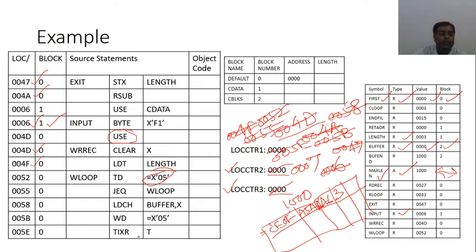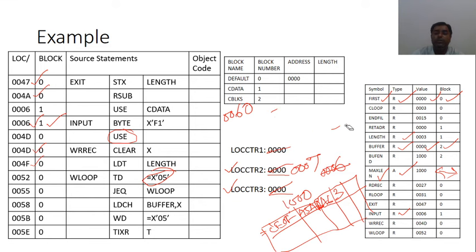And this is a format 2 instruction. The next address will be 0060. So the current value of location counter 1 is 60, and the current value of location counter 2 is 0007. You can see here 0007.